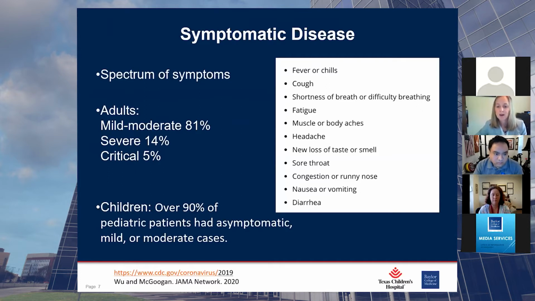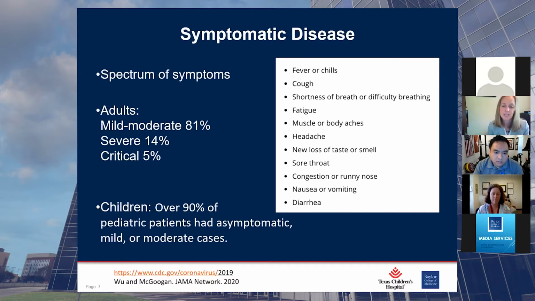Those with more mild to moderate disease can have a spectrum of symptoms, including the new loss of taste or smell, changes to the skin, termed COVID toes or acrodermatitis, as well as gastrointestinal symptoms as well. So there's quite a bit of spectrum with this disease, which makes it very difficult to distinguish this particular virus from other viral infections.